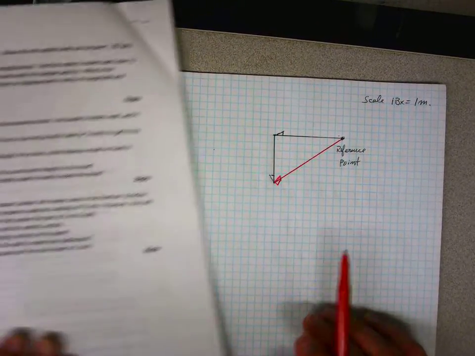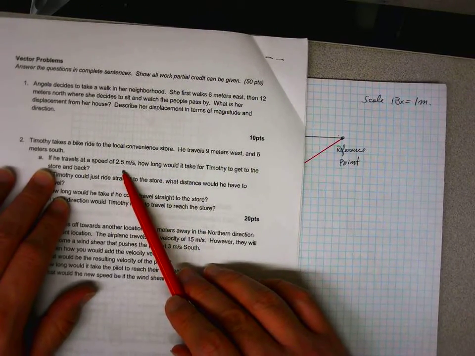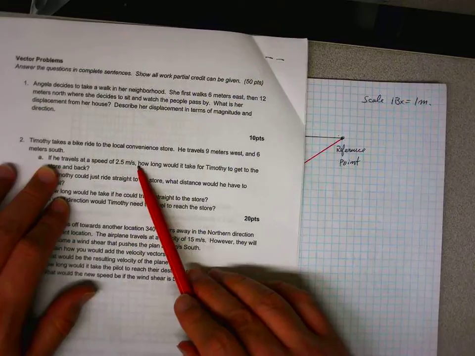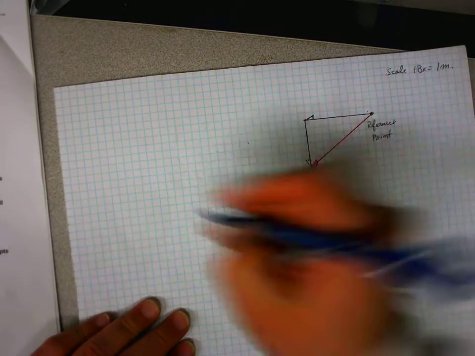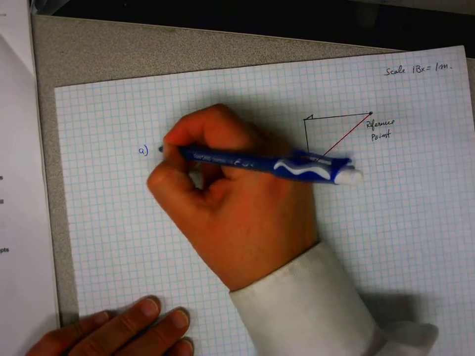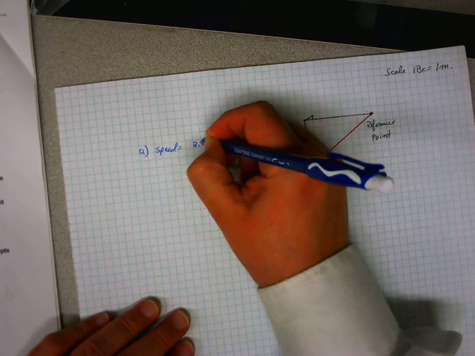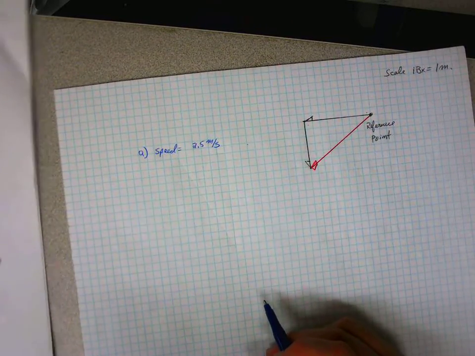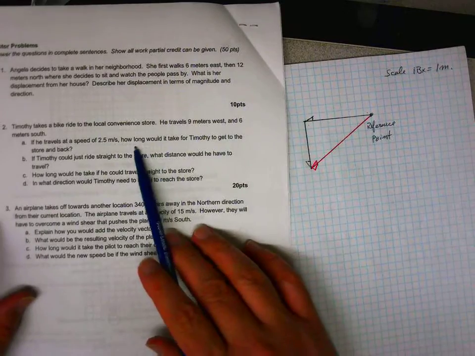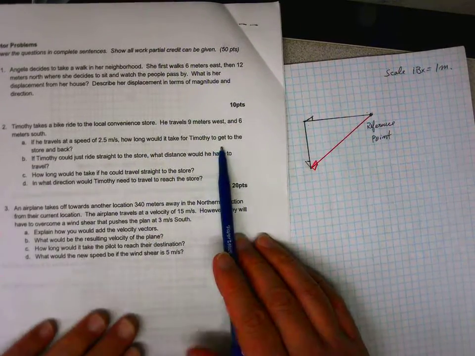Now, let's take a look at A. We have a speed of 2.5 meters per second, and the question is asking, how long would it take Timothy to get to the store and back?